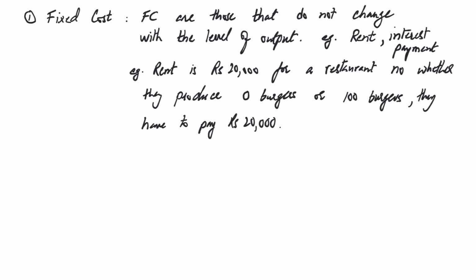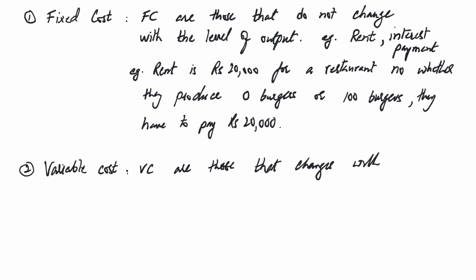In comparison to this, our second cost is called the variable cost. Like the name suggests, variable costs are those that change with the level of output.